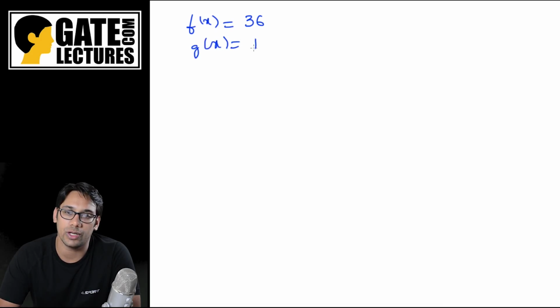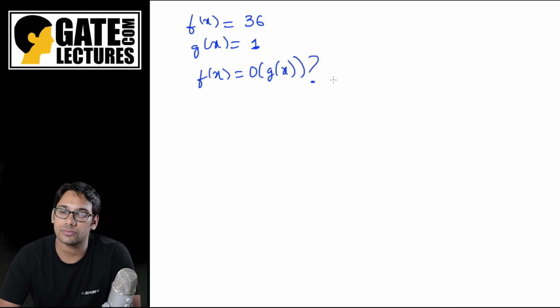Now let us take one more example. Assume fx as 36, okay, and gx as 1. Fx as 36 and gx as 1. Now can I say that fx is order of gx? Yes, I can say this. How? Let me just prove it.